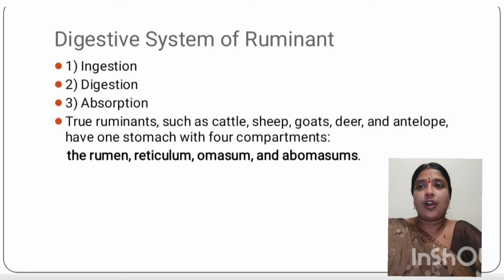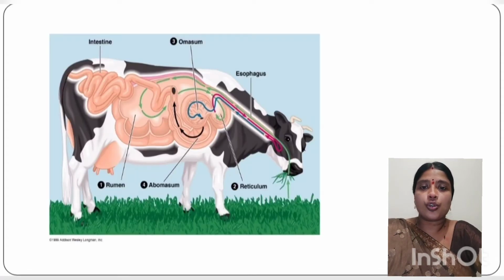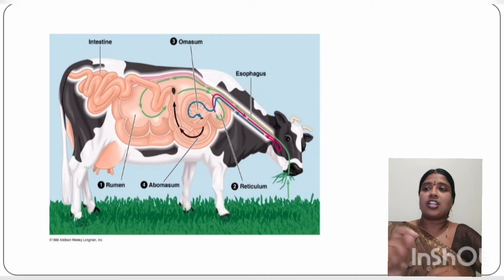Now this image shows you the different parts involved in the process of nutrition in ruminants. As you can see, first is the rumen, the large sac-like structure. Next after that is the reticulum, then the third one is the omasum, and the fourth one is the abomasum.